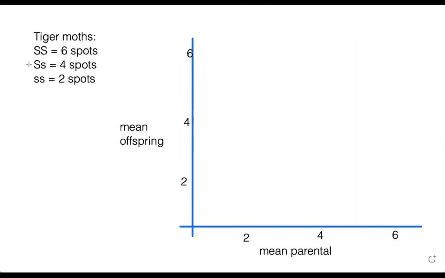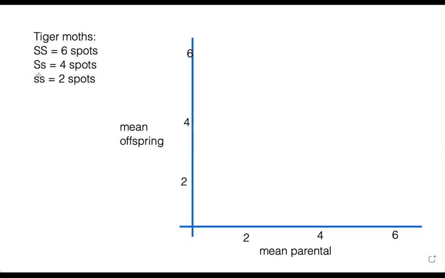All right. Let's say we have two little s parents, right? One parent has 2 spots per wing. The other parent has 2 spots per wing. The average of 2 and 2 is 2. So the average parental number of spots per wing is 2.